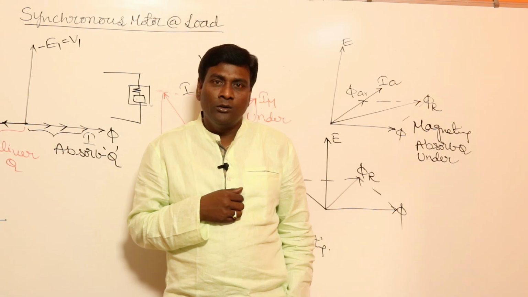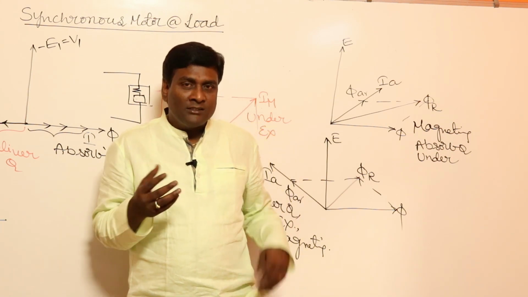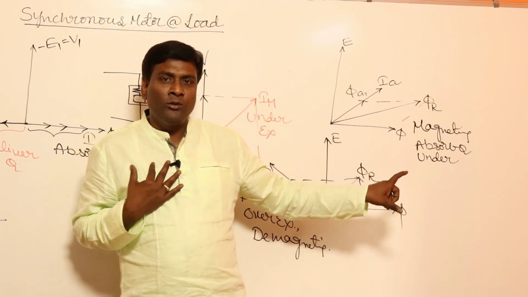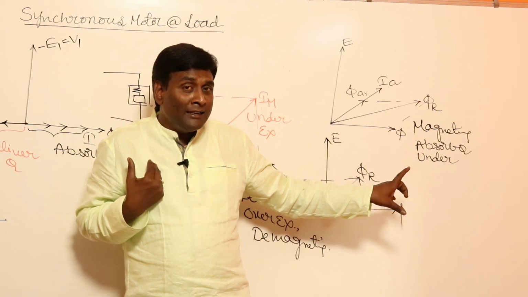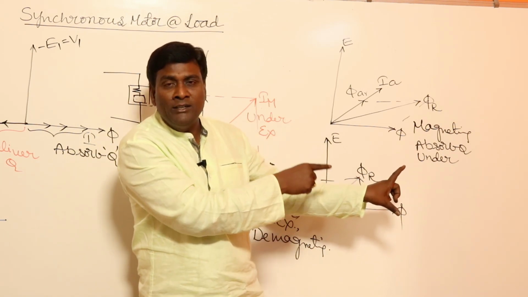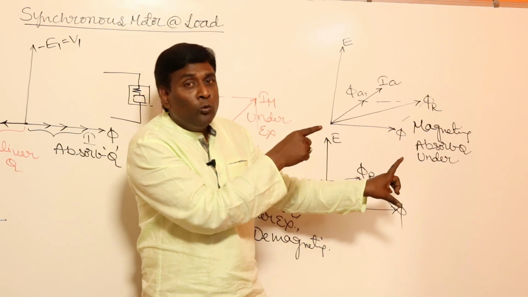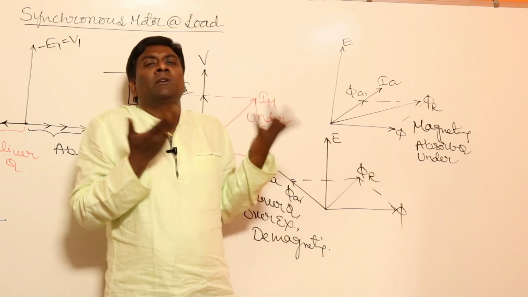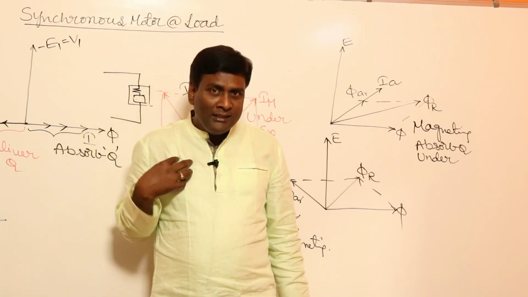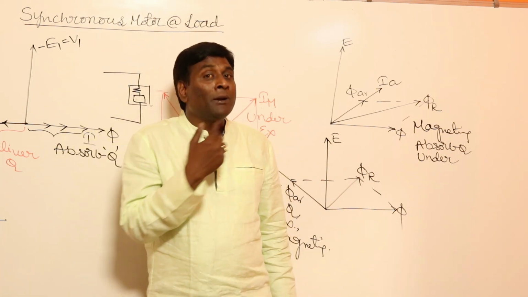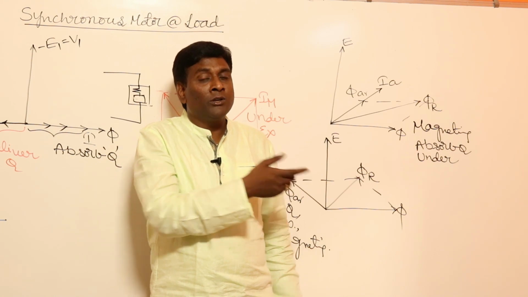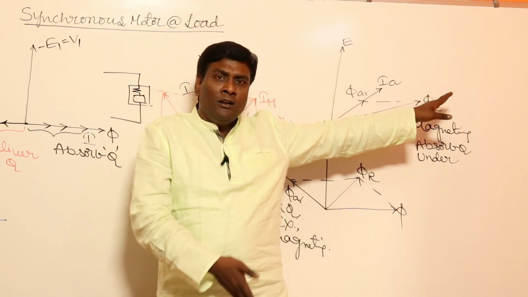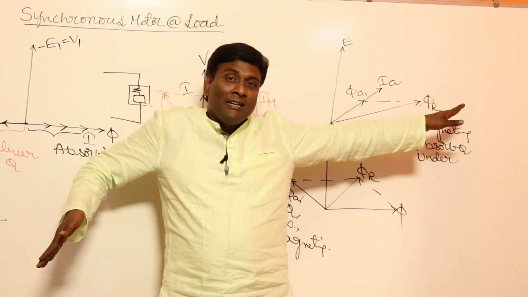Okay, so in an alternator, for example, I am the alternator, that is a load. So why should I operate at lagging? Because that load is operating at lagging. When the load is operating at lagging, that particular load has to absorb reactive power. Who has to supply? I am supplying reactive power. So an alternator operating at lagging supplies reactive power.